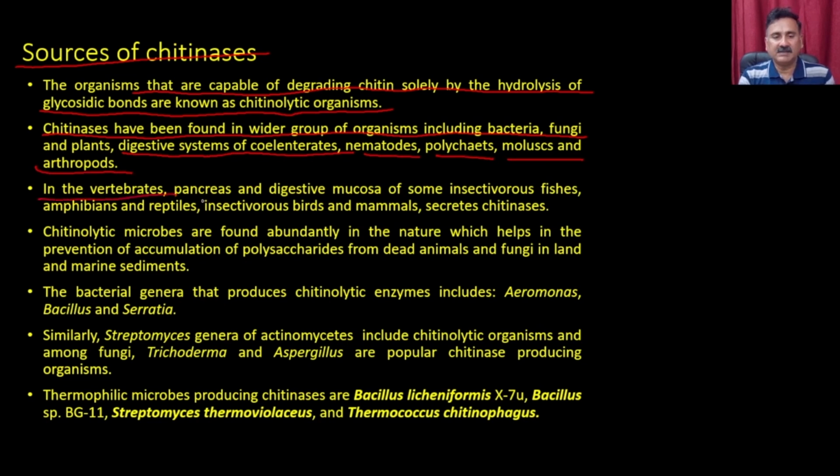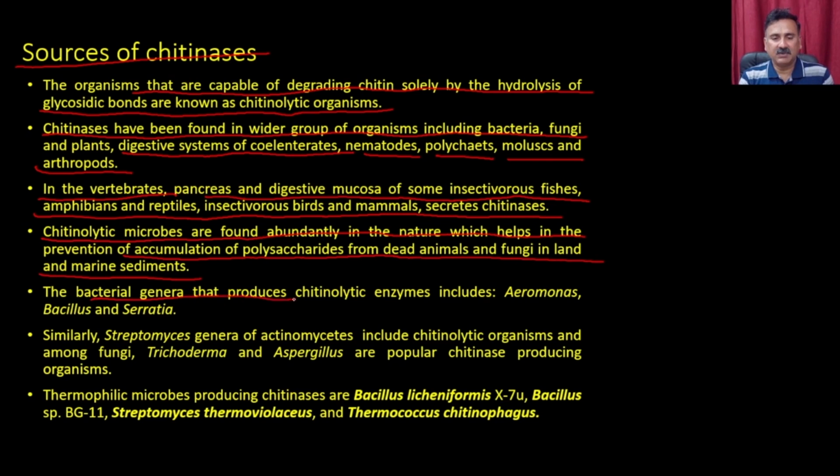In the vertebrates, pancreas and digestive mucosa of some insectivorous fishes, amphibians, reptiles, insectivorous birds, and animals secrete the chitinases. Chitinolytic microbes are found abundantly in nature, which helps in the prevention of accumulation of polysaccharides from dead animals and fungi in the land and marine sediments.